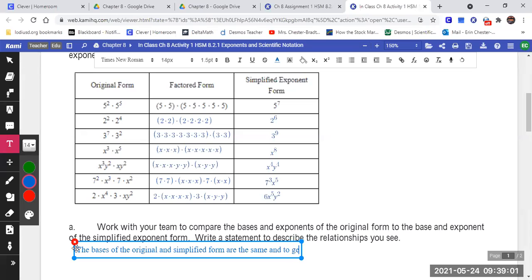And to get the simplified exponent, you add the original exponents.